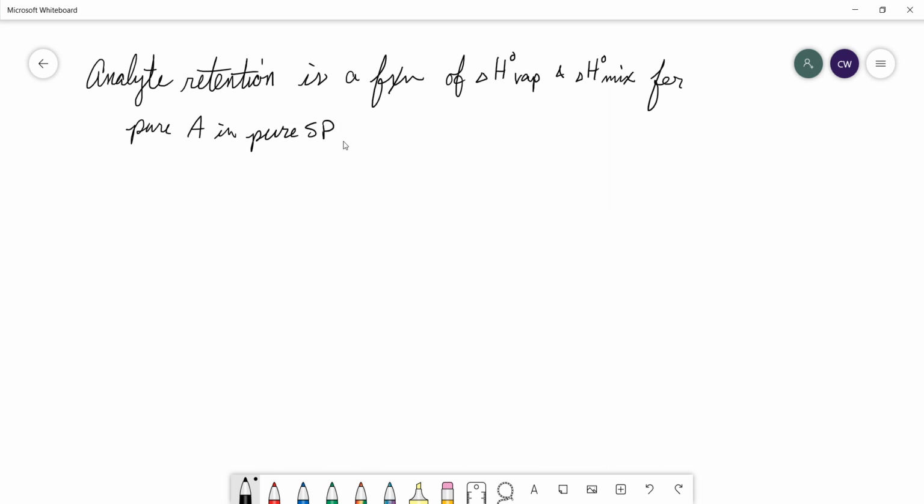And we're treating our stationary phase as a liquid for this.